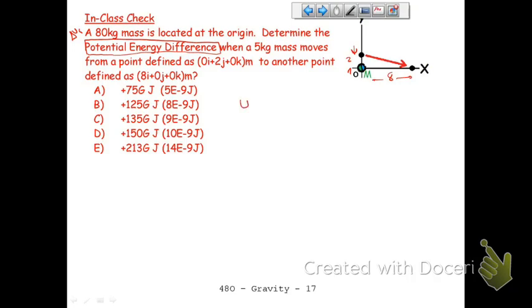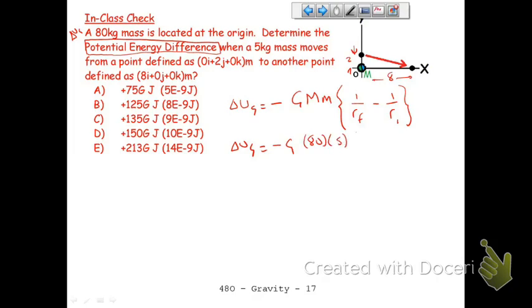So I say delta UG is equal to minus big G, big M, little m. It's not over r squared. What was it? 1 over r final minus 1 over r initial. Yep. Delta UG is equal to minus G. Let's just leave the G in. Big M is 80. Little m is 5. 1 over 8 minus 1 over 2.